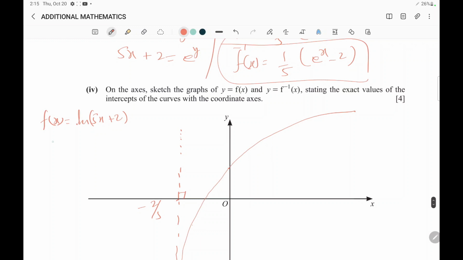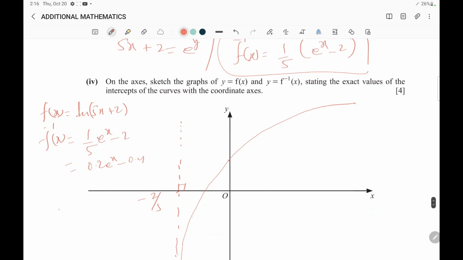And what is f inverse x, guys? 1 over 5 times (e to the power x minus 2), or we can say 0.2 e to the power x minus 0.4, right? So guys, 0.2 e to the power x.